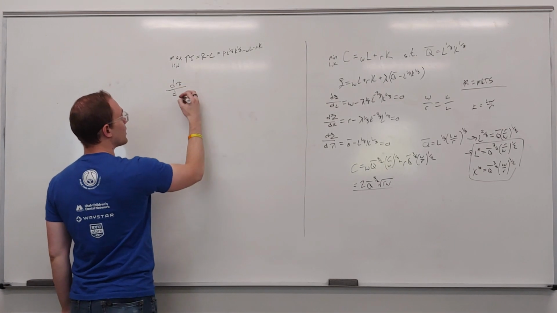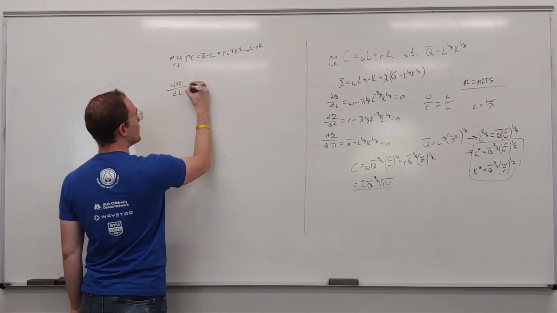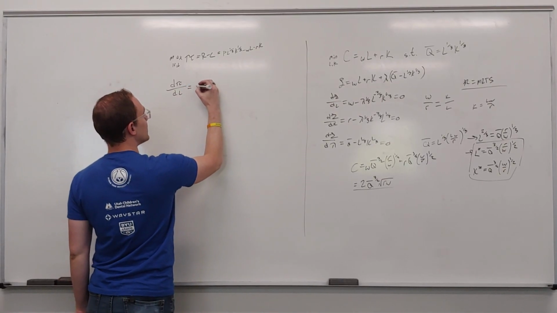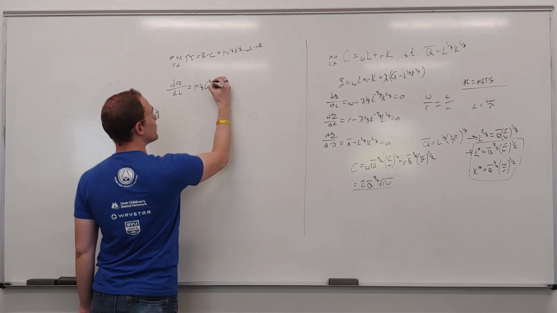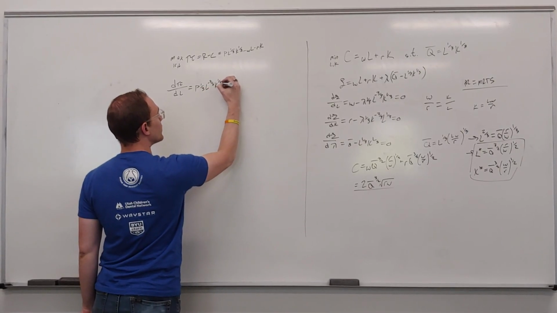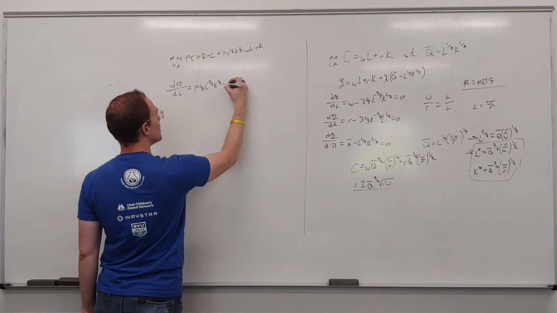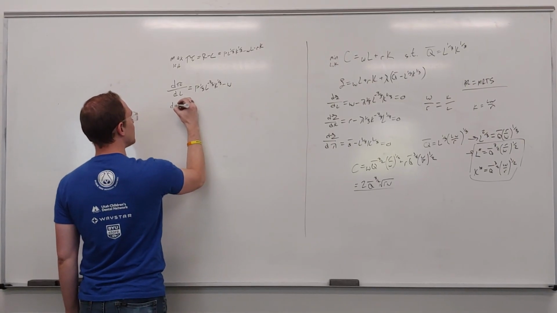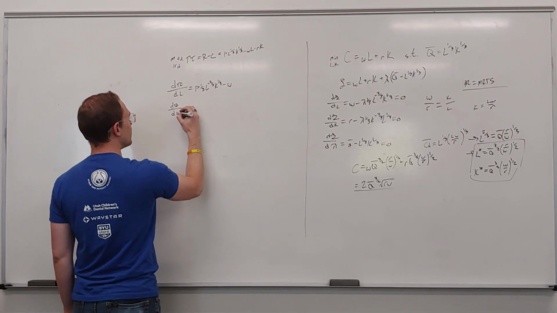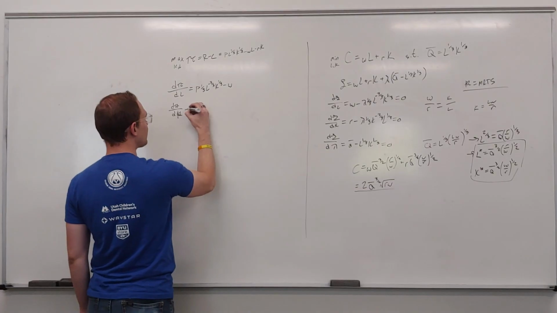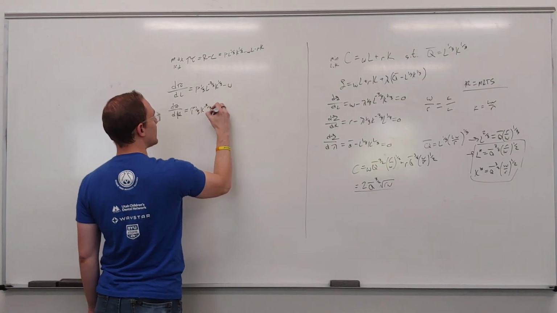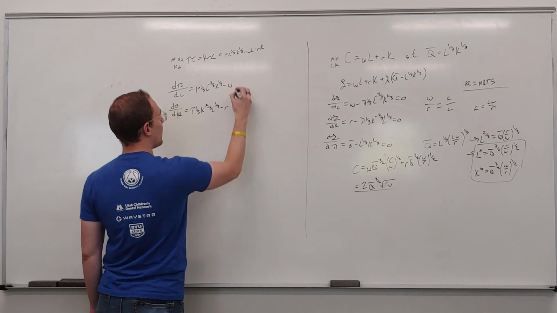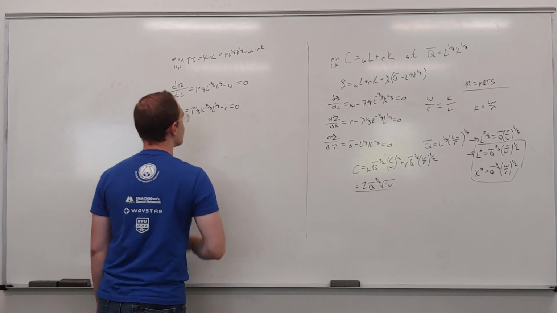We'll take the derivative of our profit function with respect to L first. That's going to give us P 1/3 L to the negative 2/3, K to the 1/3 minus W. And taking with respect to K, we get P 1/3 K to the negative 2/3 L to the 1/3 minus R, and those are both equal to 0.